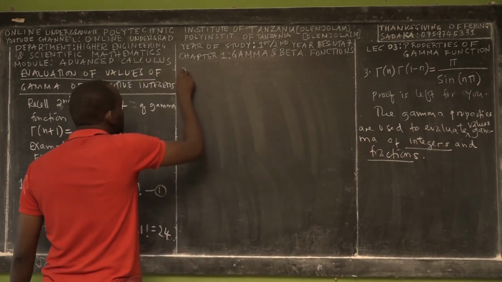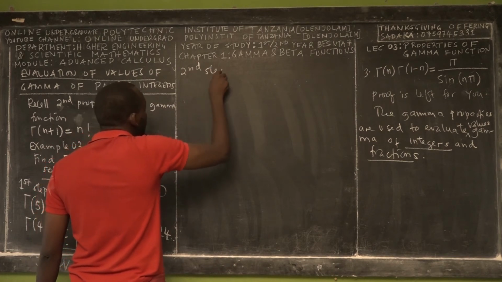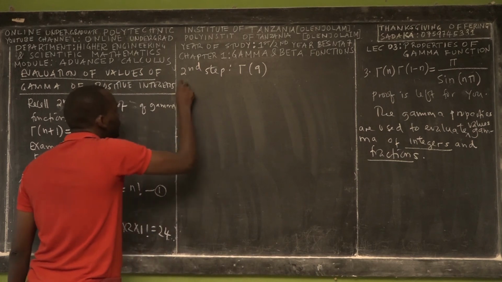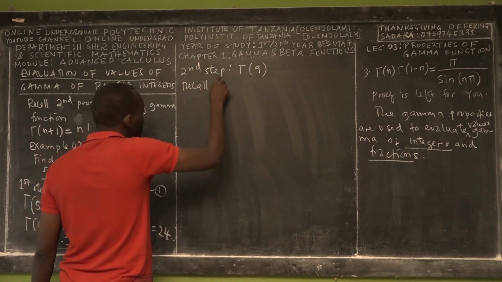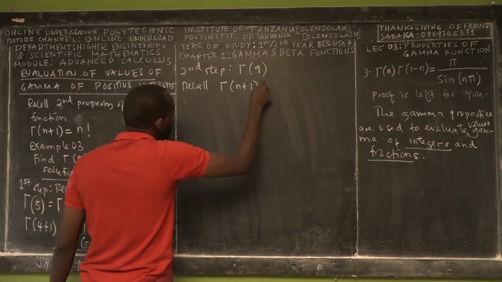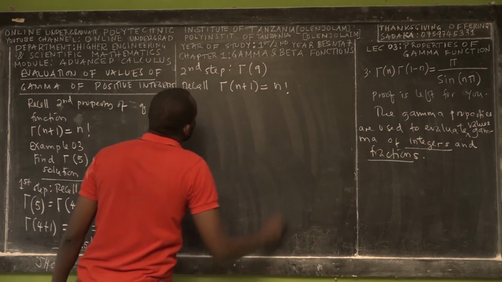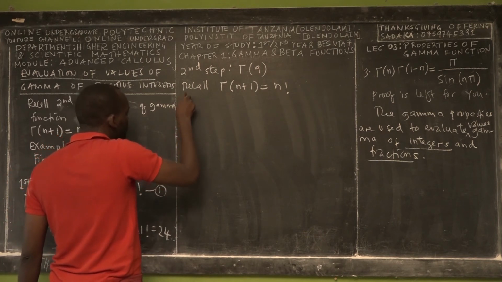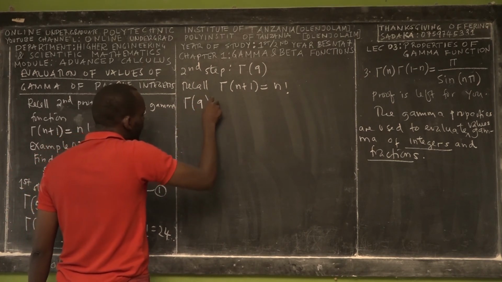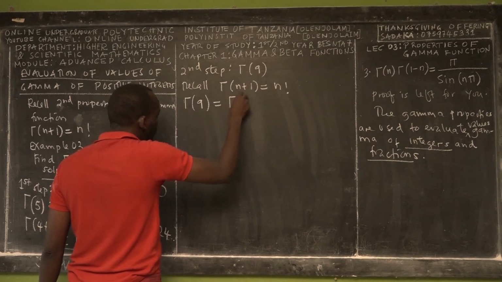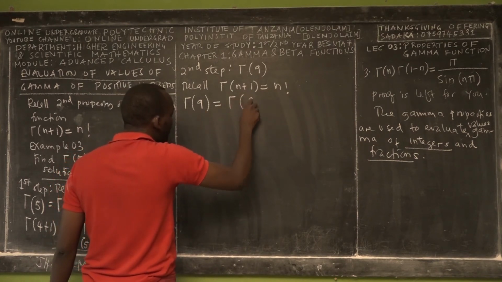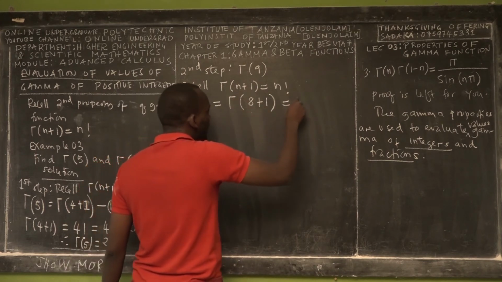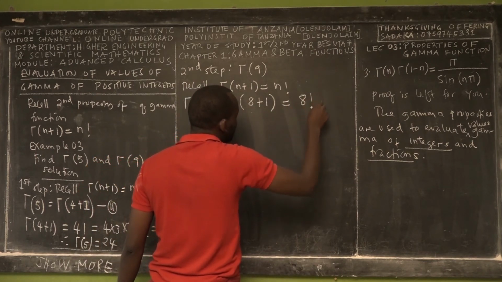So, second step: we have been asked to find gamma of 9. You just recall the second property, gamma of n plus 1 is equal to n factorial. So we express gamma of 9 in terms of gamma of n plus 1. Gamma of 9 is equal to gamma of 8 plus 1. So what is n? n is equal to 8. So this is 8 factorial.